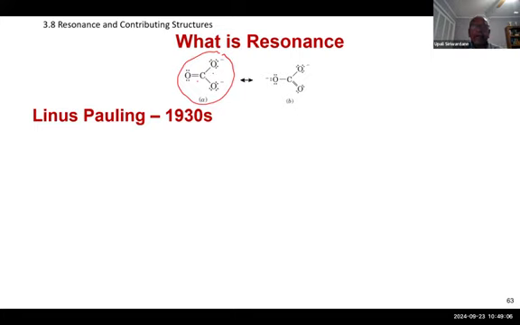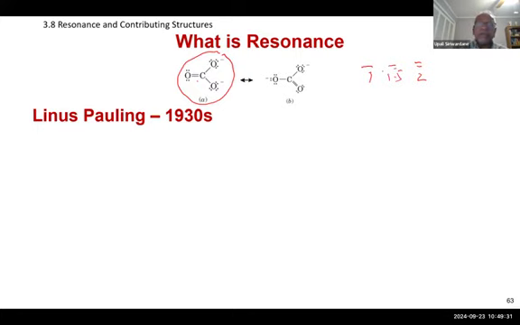But in reality, carbon-oxygen bonds are equal. All bonds have the same length. It's less than a double bond. A single bond has 1 electron bond, a double bond has 2 electron bonds. It shows 1.5. This is kind of in between.